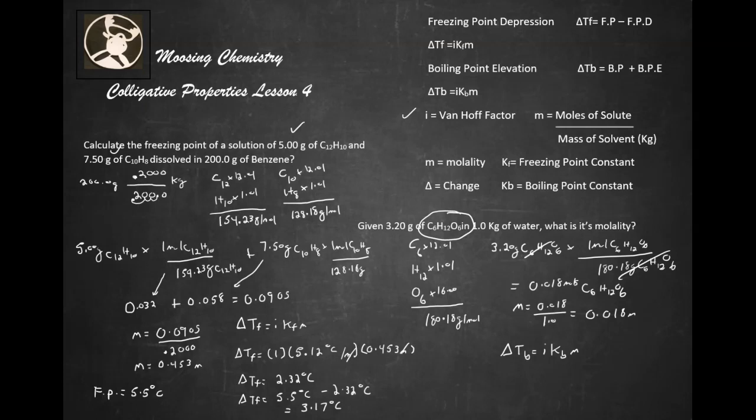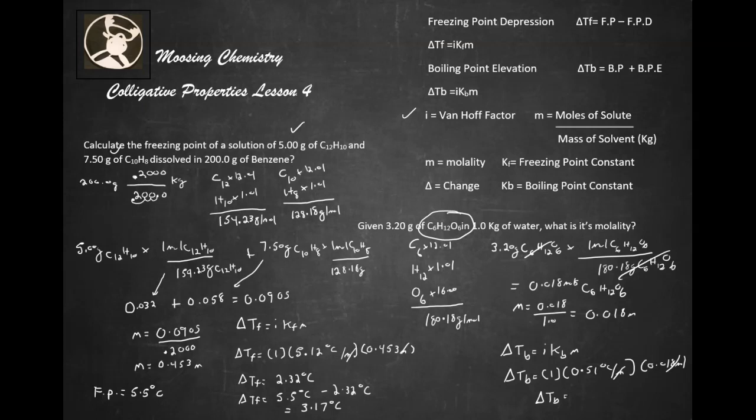So you go delta TB equals 1 times the KB of water, which is 0.51 degrees C over m, times our m value, which is 0.018 m.